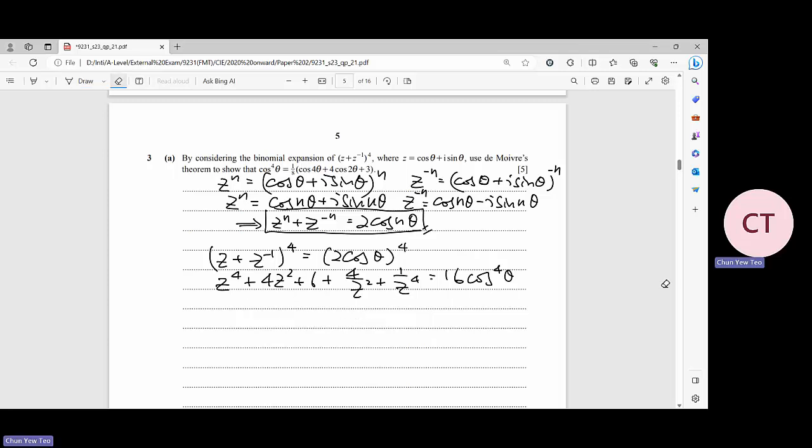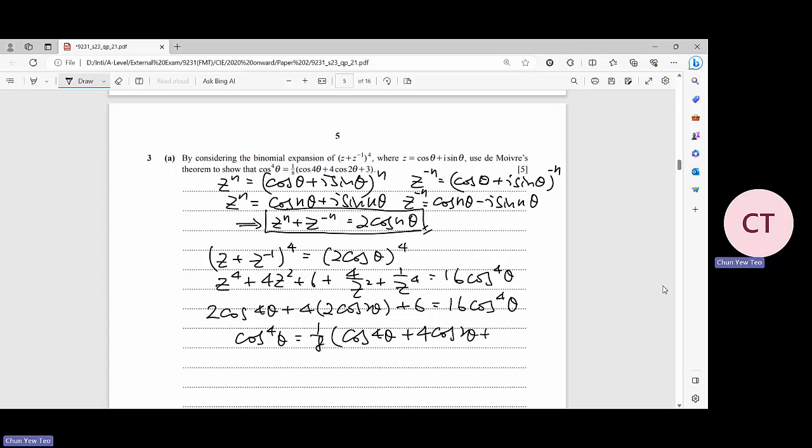So what I can have over here, this one is 2 cos 4 theta plus 4 times 2 cos 2 theta plus 6 equal to 16 cos to the power of 4 theta. So therefore, it's going to become 1 over 8 of cos 4 theta plus 4 cos 2 theta plus 3. That is the answer for part A, shown.